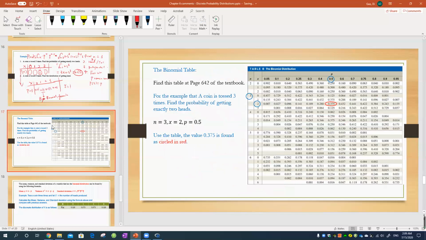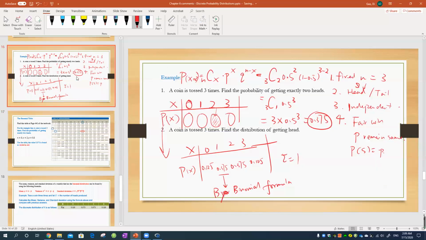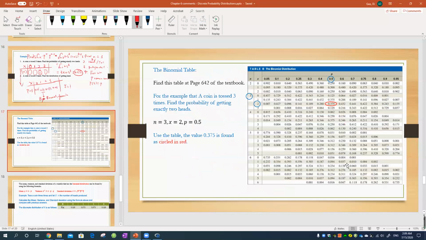And now let's look at another table. So this is called the binomial table because for each value we have to apply this binomial formula to calculate the probability. So we can use a computer to calculate every combination that you can have. Then we can now use the table, just check the values.